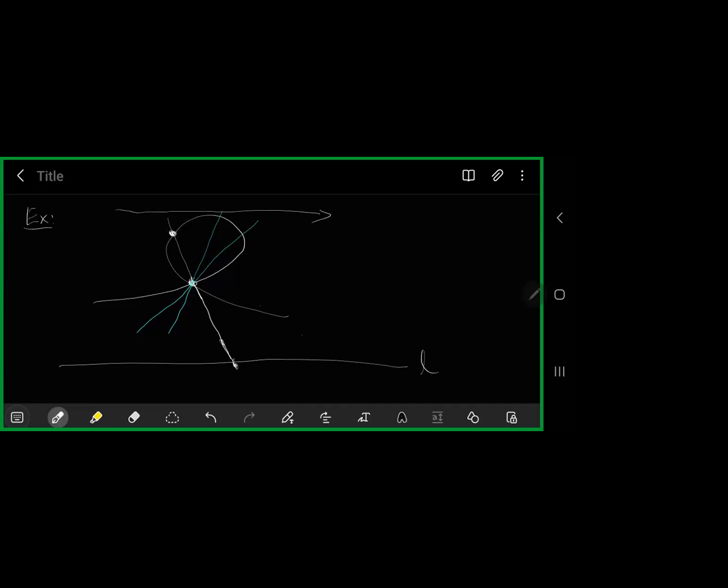For this line, it would be this point P prime, which is projected onto this point P. And as you move on the circle, this point Q prime will go to Q, okay, and so on.